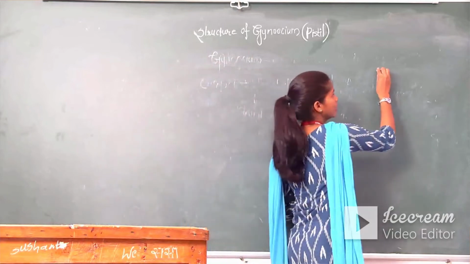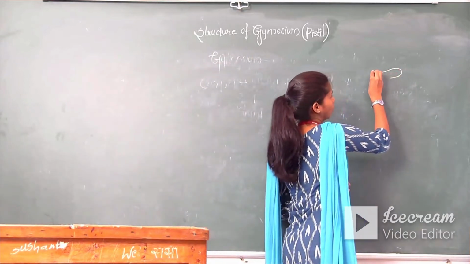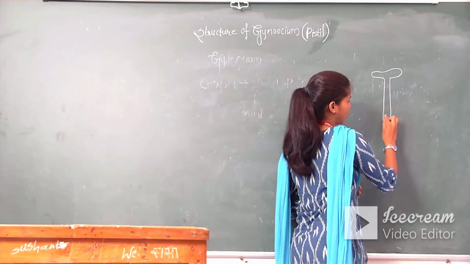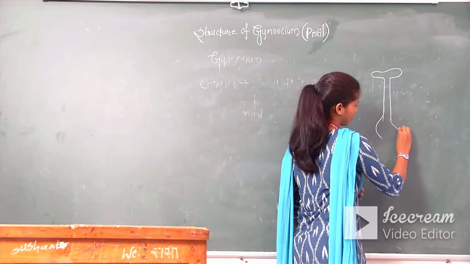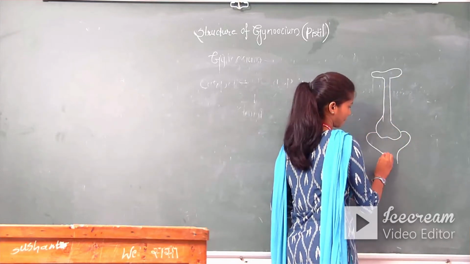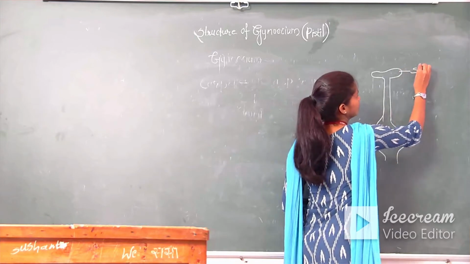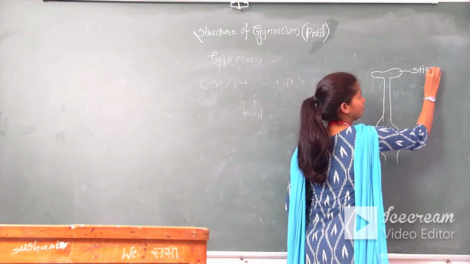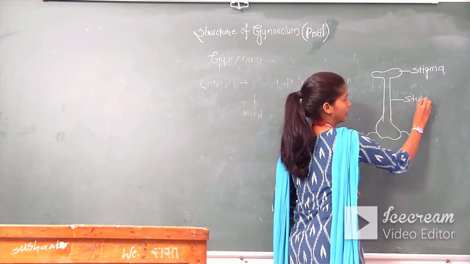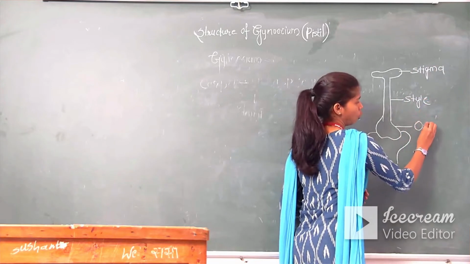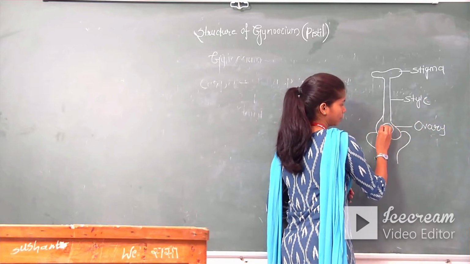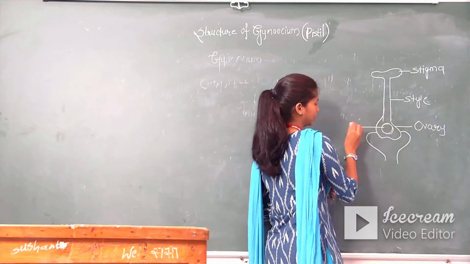Gynoecium is referred to as the female reproductive organ and it consists of three parts, which are known as stigma, style and ovary. Inside this ovary, ovules are present.